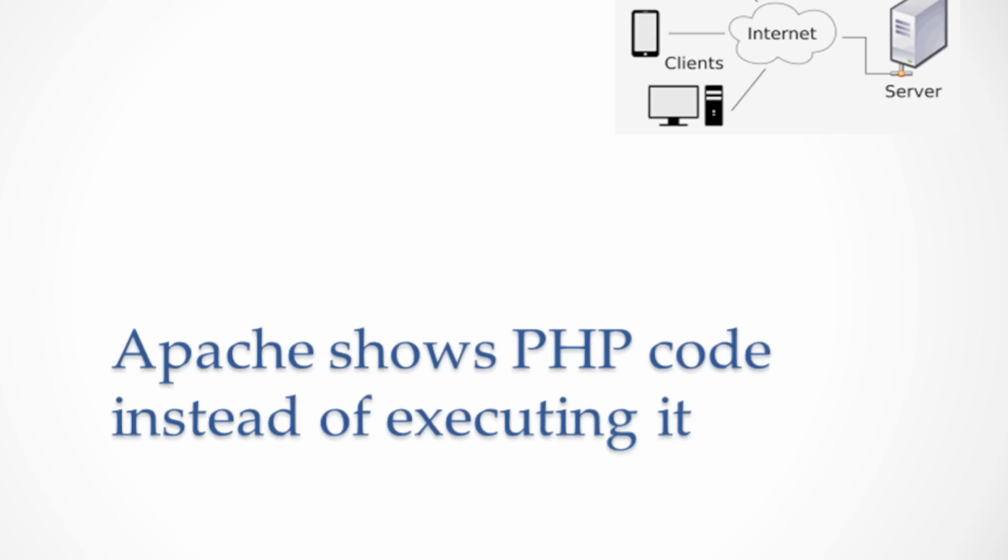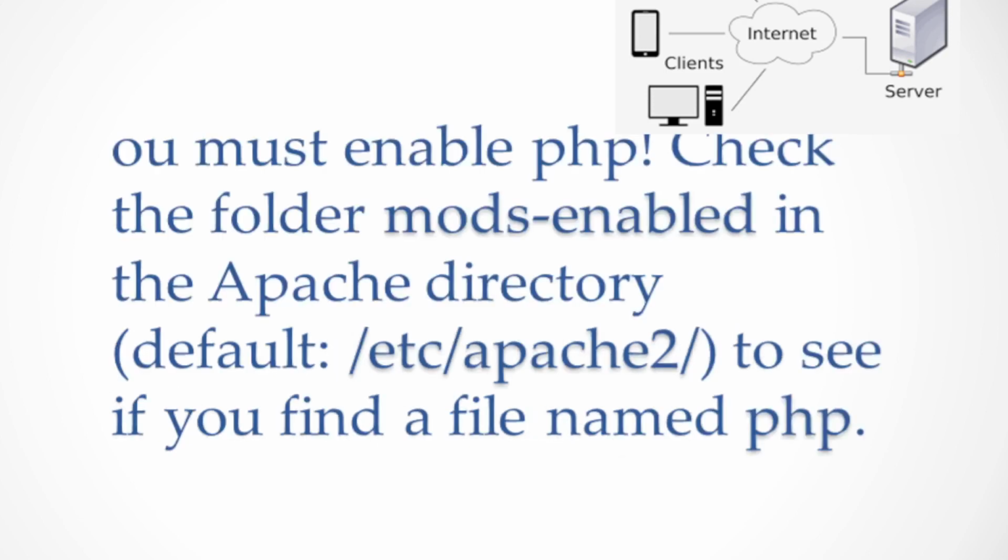So you have to enable PHP there and it will solve the issue. So the solution is here. You can also check the error log to see if there is any other error.